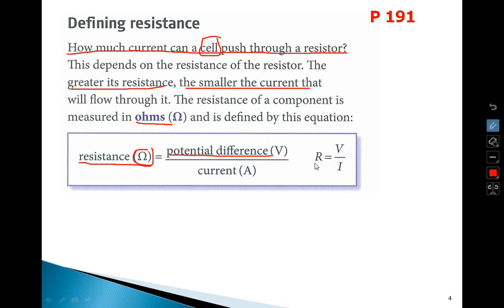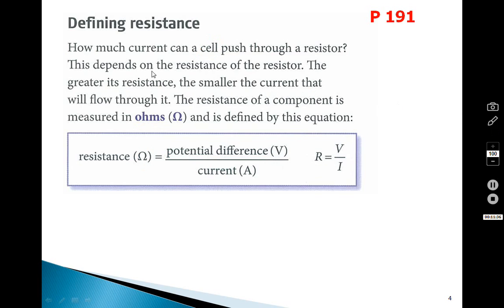So R is equal to V over I, which exactly answers this question: how much current can a cell push through a resistor?